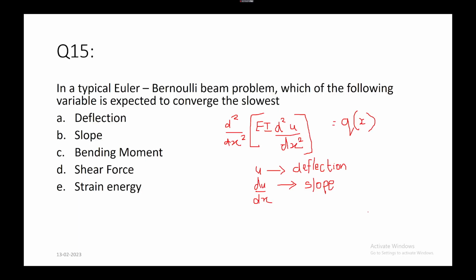So you have to guess what could be the expression for the bending moment, shear force, and strain energy. Deflection and slope we already have. So after guessing the possible terms, you can try to answer.